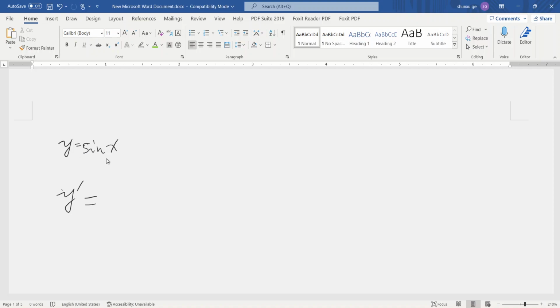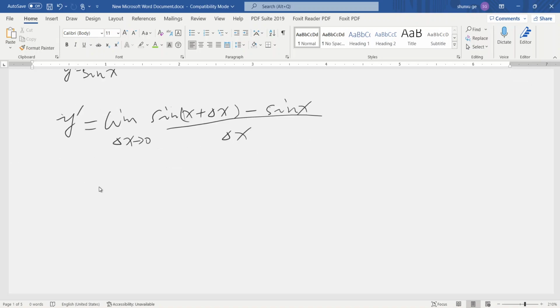The derivative of sin x is like this: the limit as delta x approaches 0 of sin(x plus delta x), and this is the definition, minus sin x, over delta x.